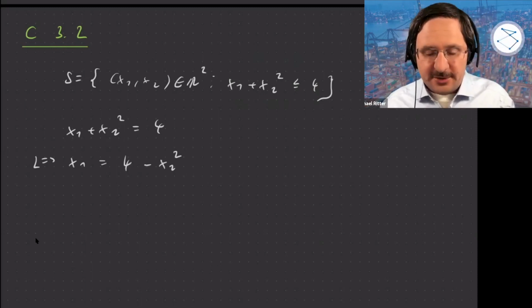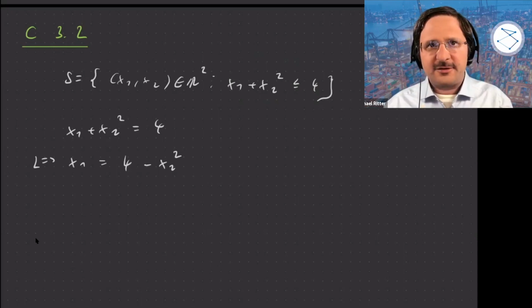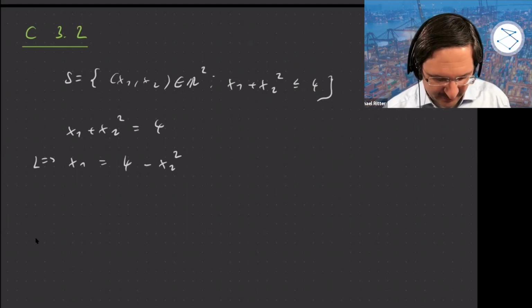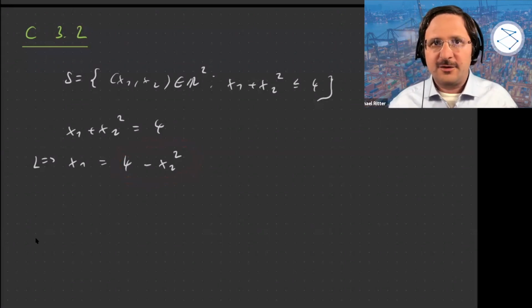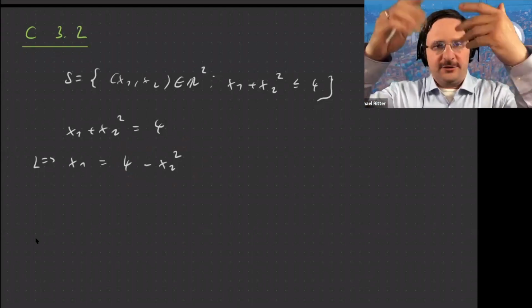So what does that mean? Can we draw the set? Well, this is almost a functional equation as you're used to. We have a function that is quadratic in x2, basically a parabola that opens like this here, with a shift of +4, right?